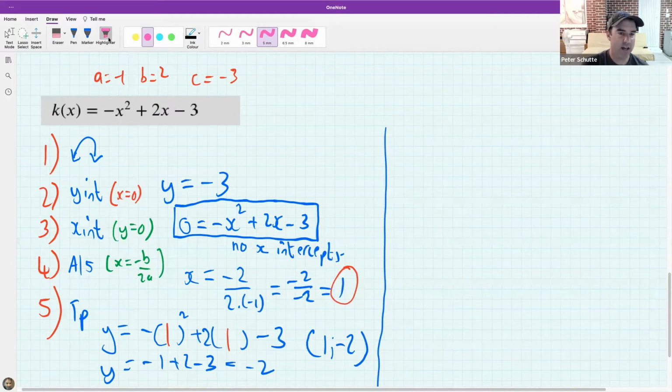Okay, so let's just take a moment to make sure we understand what's going on here. In this question, when I applied the formula x is minus b over 2a, I ended up with x is 1. I then took the x as 1 and put it into the original equation: minus x squared plus 2x minus 3. When you do that, you end up with a minus 2. Together, these give me (1, -2). Sorry guys, purple's not the greatest color, is it?